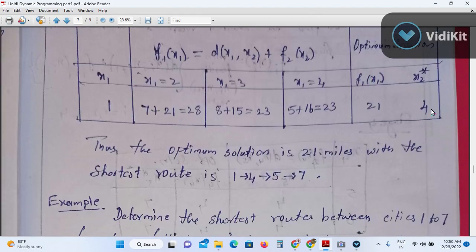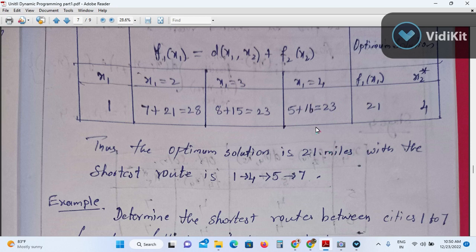Simplifying all these values: 28, 23, 21. That is, moving backward, from 1 to 2 it is 28, from 1 to 3 it is 23, and from 1 to 4 it is 21. Among these you have to choose the minimum.